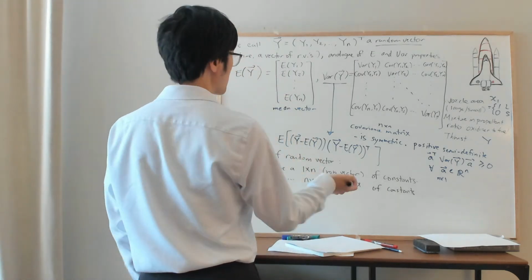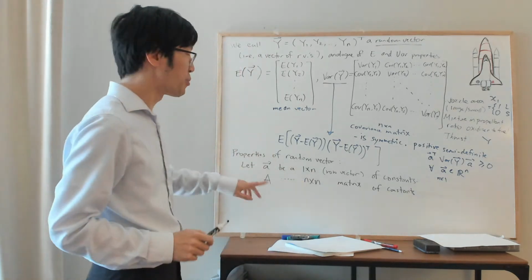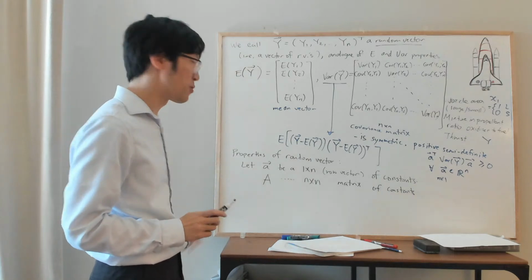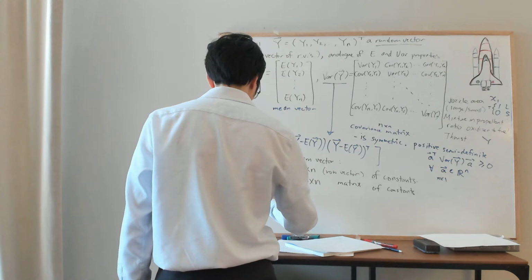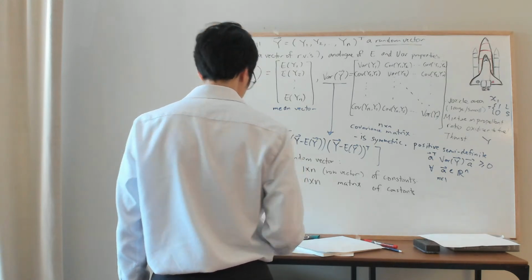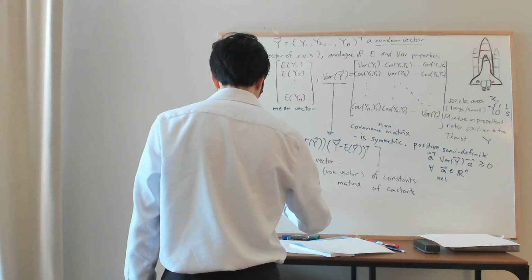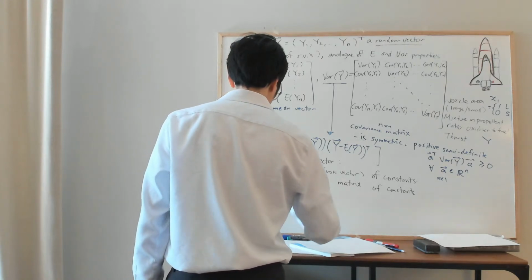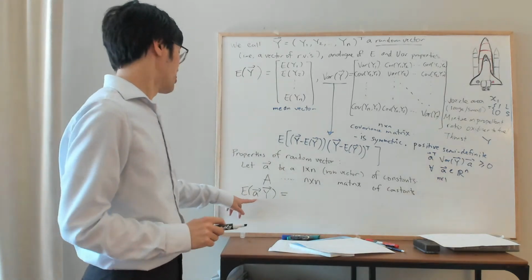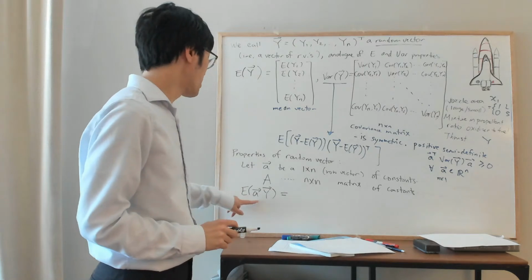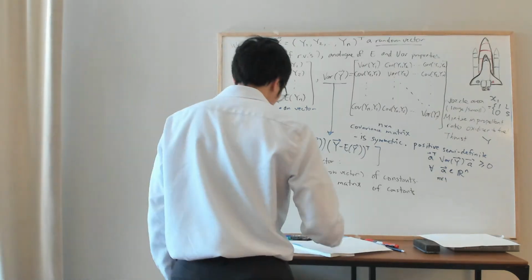Again, this is the vector analog to the properties of mean and variance in the scalar case. First, let's look at the expectation of this row vector times Y. In the scalar case, we learned that we can pull the constant out, and that also holds here.